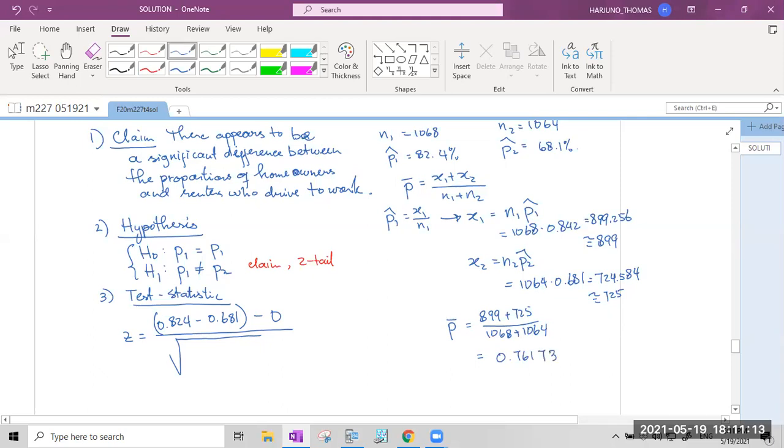So Q bar is 1 minus that, 0.23827. Then the square root of 0.76173 times 0.23827 over 1068 plus, copy paste.